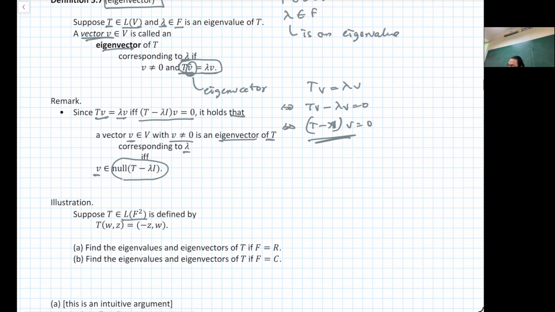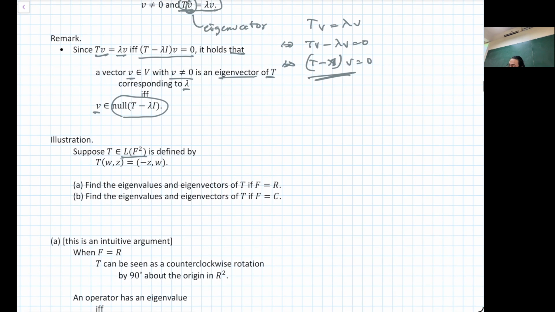Okay, so let's look at an illustration here. It says, suppose T belongs to L(F^2) is defined by the following. So T(w, z) is just the definition. It takes the first element with a minus sign and maps the first element to the second element. It's just a linear operator.